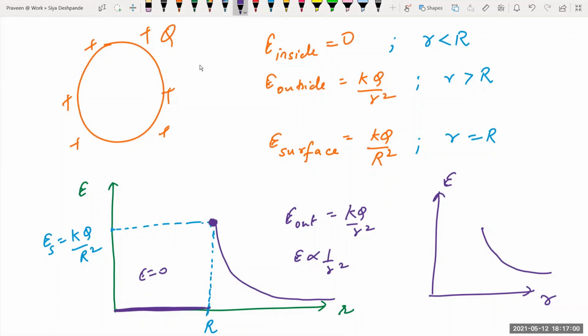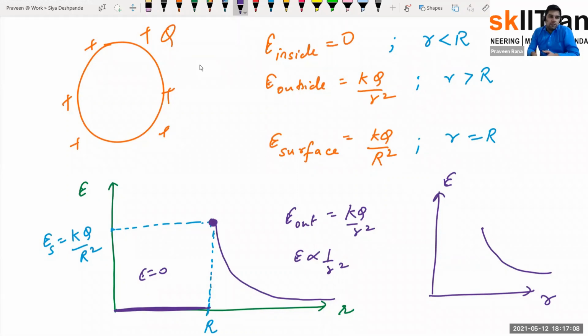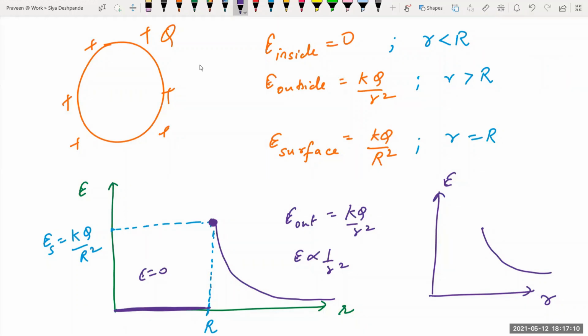Electric field changes direction, and if direction is changed, the quantity becomes negative. So it will be flipped along the x-axis; there will be a mirror image along the x-axis.